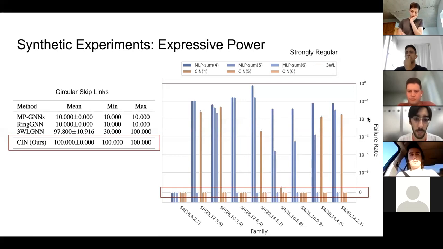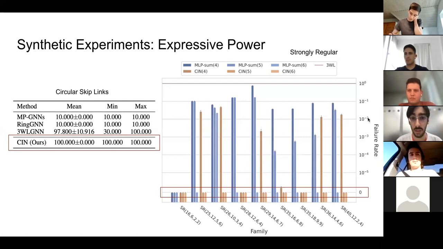Of course, we think that what you already do in the preprocessing step, which is the lifting procedure, might already be enough to distinguish these graphs. So we implemented a very strong baseline that is an MLP with some readout run on the substructure count, so on the number of induced rings that we would find with the lifting procedure.